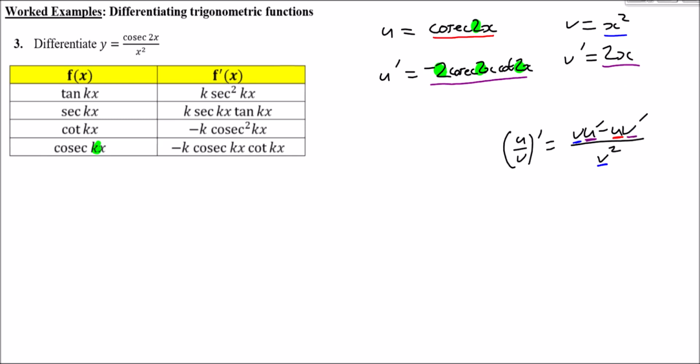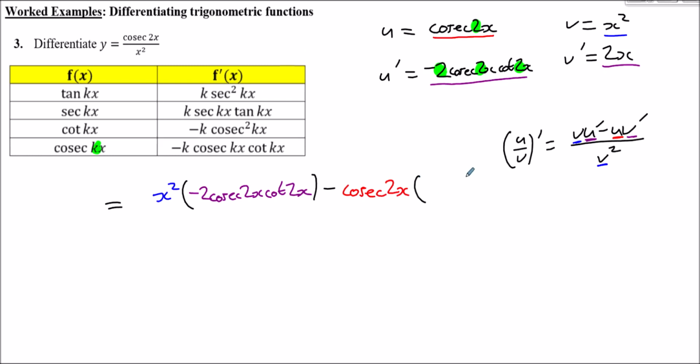So just plugging in these values, v times u dashed, that just means x squared multiplied by u dashed, which is minus 2 cosec 2x cot 2x. And then we minus from that u, which is cosec 2x, multiplied by v dashed.